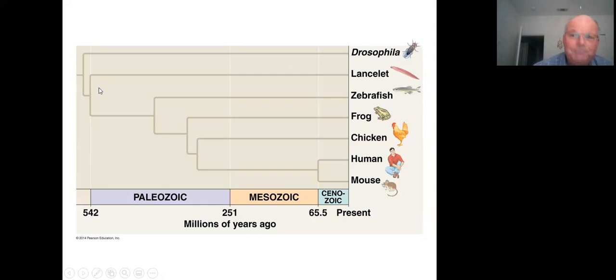So this shouldn't surprise us. And then we see at later points in time, the branch points that lead to the divergence of amphibians, reptiles, remember chickens are birds, also reptiles, and then divergence of mammals, and then divergence within mammals.